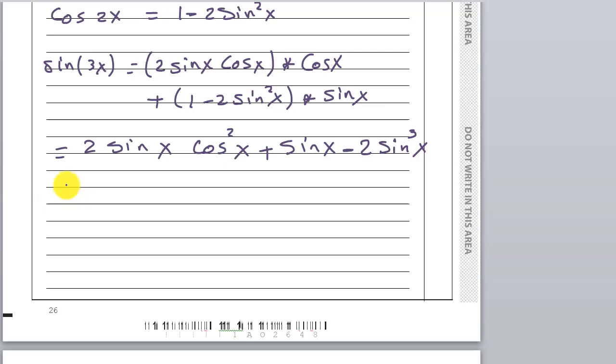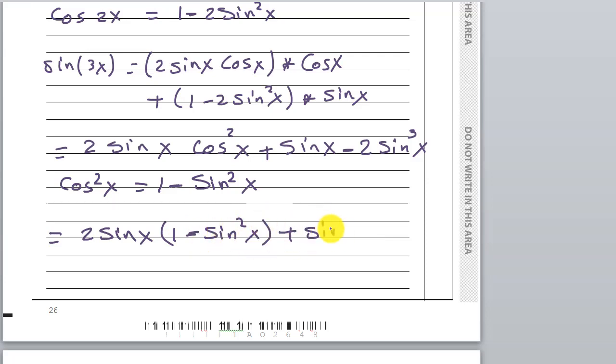Now we know that cosine squared x is equal to 1 minus sine squared x. So let us go again here. So it's equal to 2 sine x multiplied by 1 minus sine squared x plus sine x minus 2 sine cubed x.